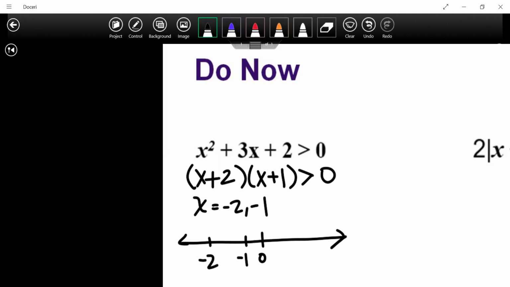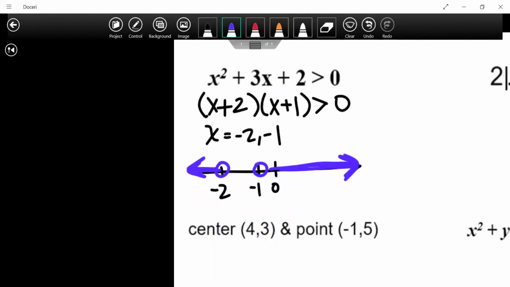Open or closed circles? Open. Connected or away? Away. The interval would look like parentheses, -2, -1, parentheses. So that is our answer.